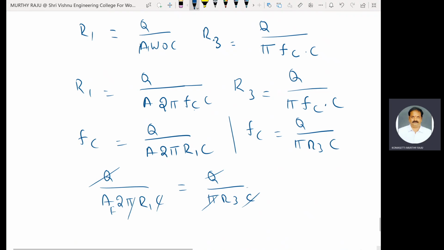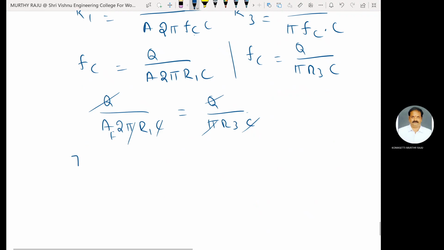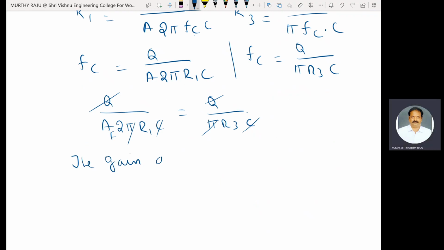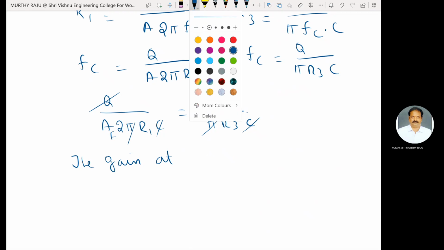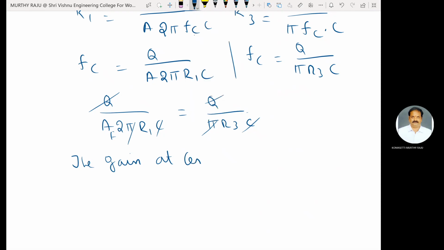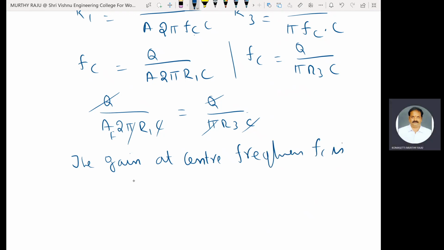Therefore, the gain at center frequency fc is af, where 2R1 is equal to R3. Therefore, af is equal to R3 by 2R1.